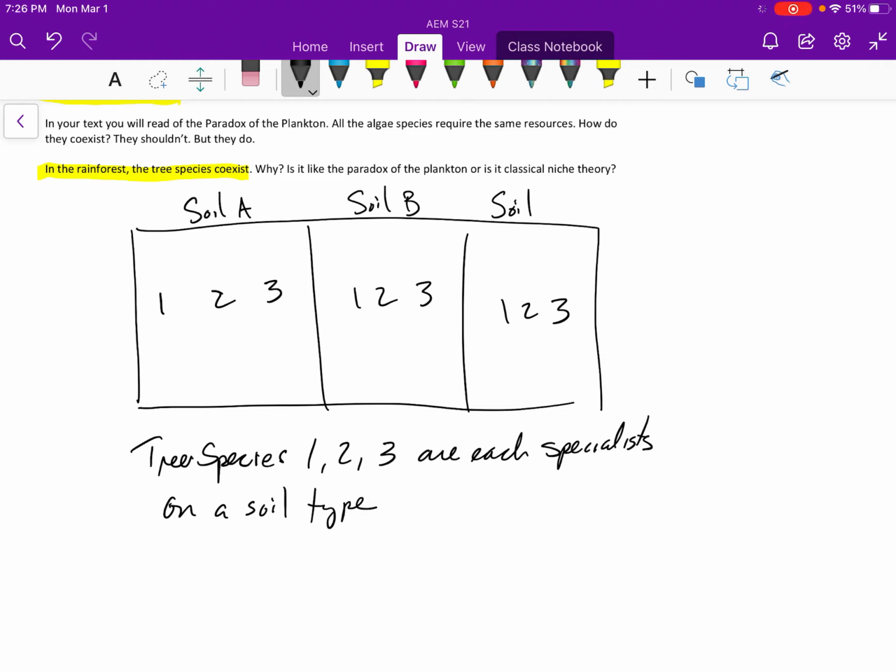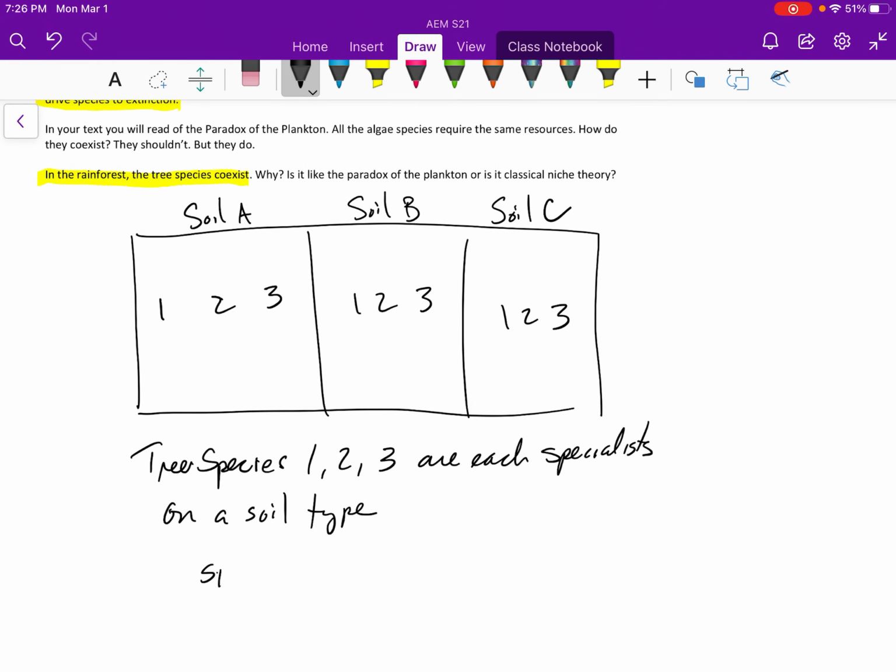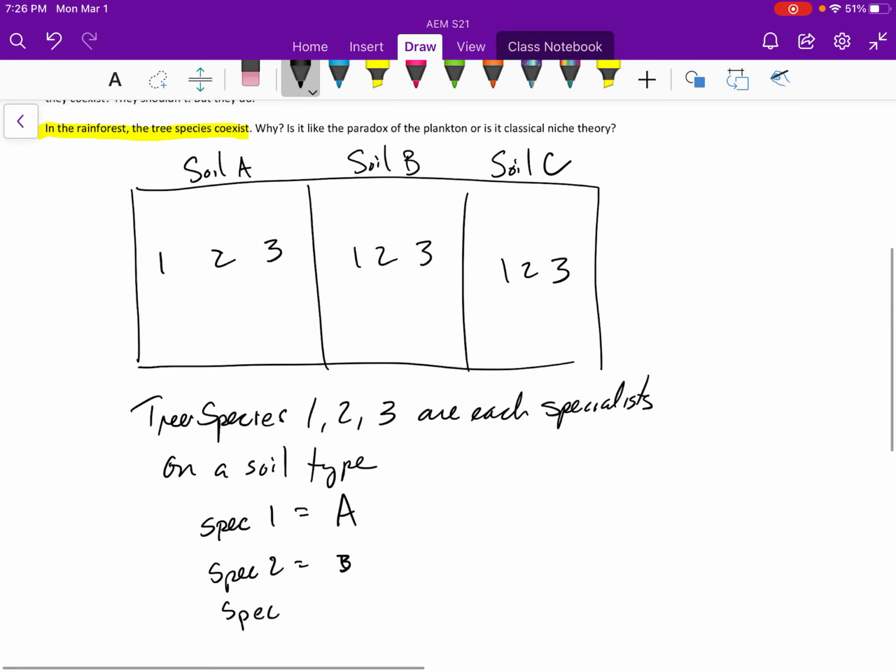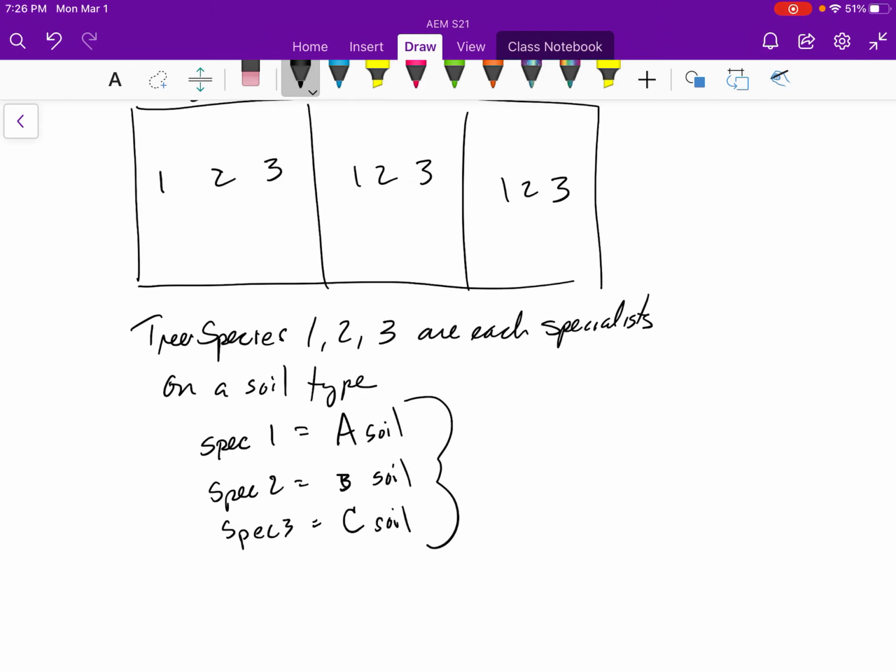So in the event that species 1 likes type A, species 2 likes type B, and species 3 likes type C, then if we make what we call a common garden experiment and we put the seeds of each of those species into each of these soil types, what will we see happen over time?